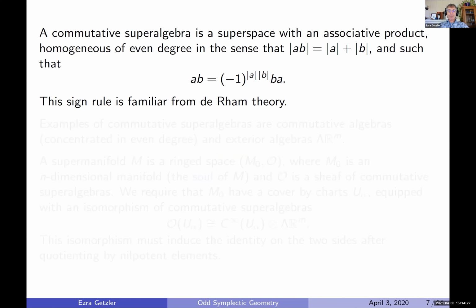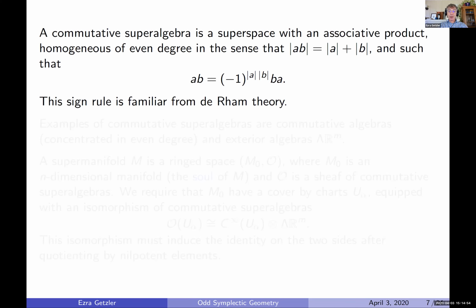So there's this famous Koszul sign convention, which I think most people will have met. In fact, all of you will have met it when you studied de Rham theory. So just as in de Rham theory, we have the idea of a commutative superalgebra. That's a superspace with an associative product, which is homogeneous. So if you have homogeneous elements, their degrees add when you multiply them.